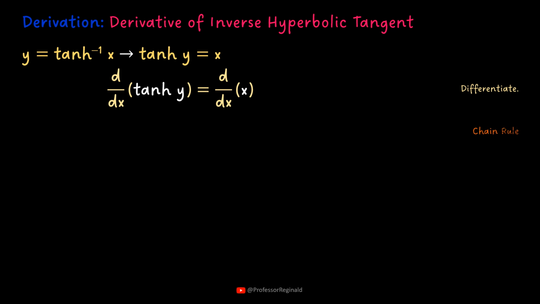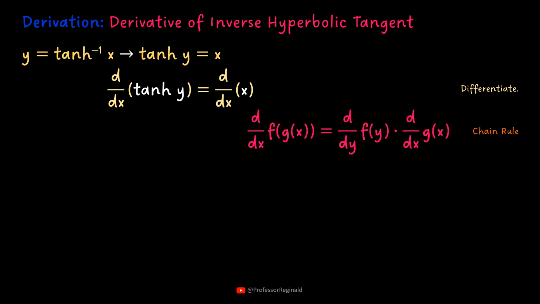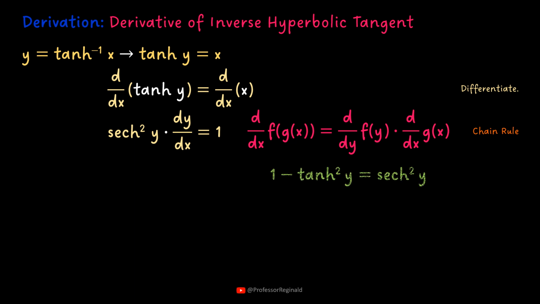Apply the chain rule as in the previous derivation. The derivative of the hyperbolic tangent of y is the square of hyperbolic secant of y. Use a hyperbolic identity to express hyperbolic secant of y in terms of hyperbolic tangent of y.